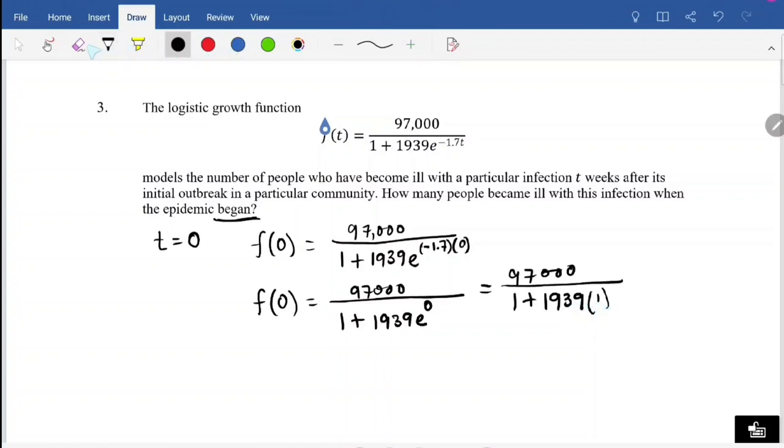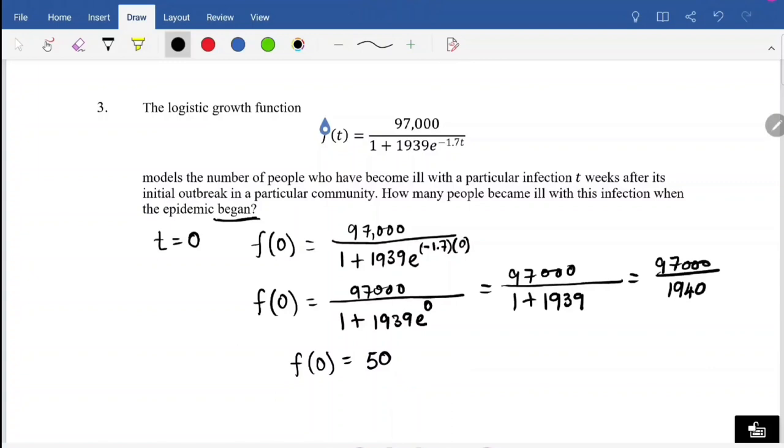So I'm going to get rid of this times 1. We don't need it because it's just going to give us 1939, correct? So we will end up with 97,000 divided by 1940. Whatever that comes to is going to be the number of people infected initially when the epidemic began. When we divide 97,000 by 1940, we end up with f of 0 equals 50.